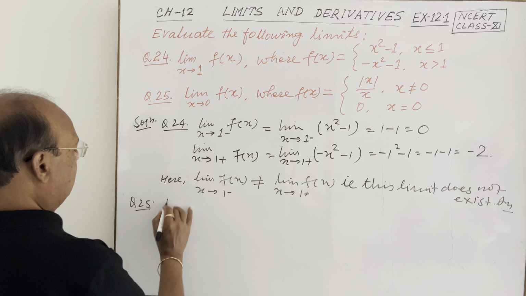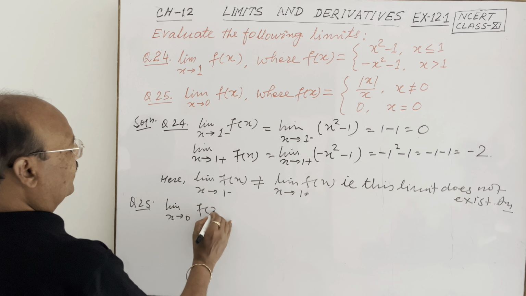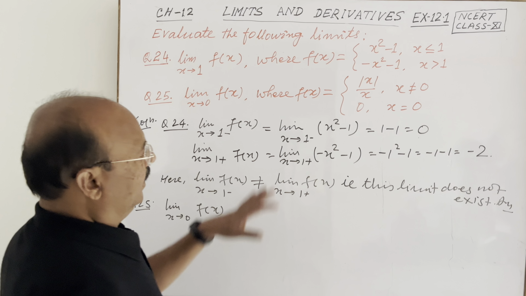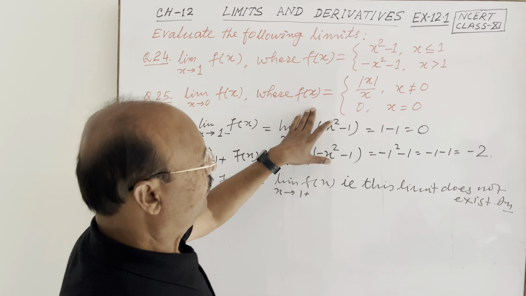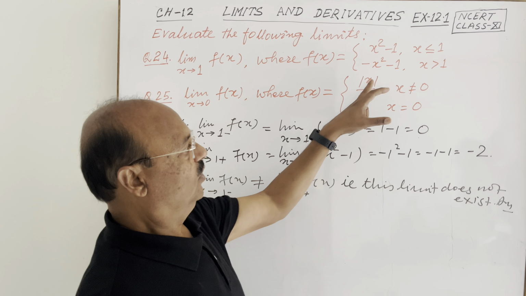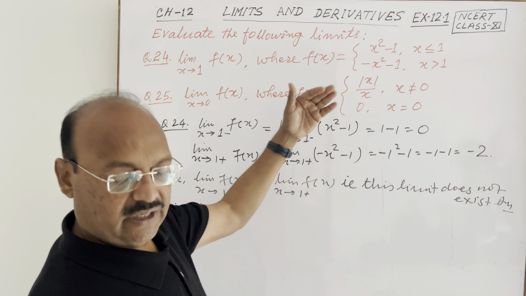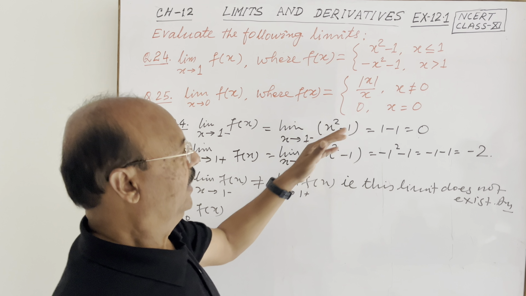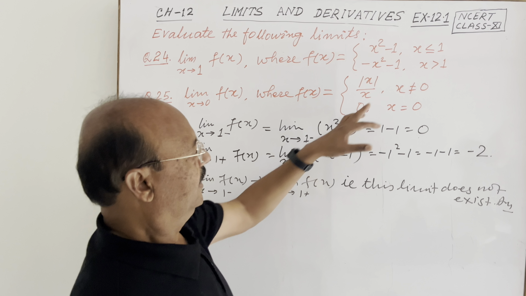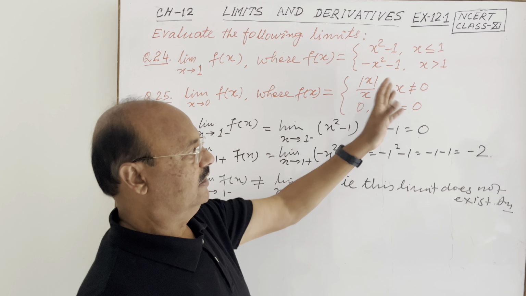Here we have to evaluate limit of x tends to 0 of f(x). According to this definition of the function, if x is not equal to 0, then f(x) is mod of x upon x. So in this case also we have to take left hand limit and right hand limit, and in both the cases x will not be equal to 0, means slightly smaller than 0 and slightly greater than 0.